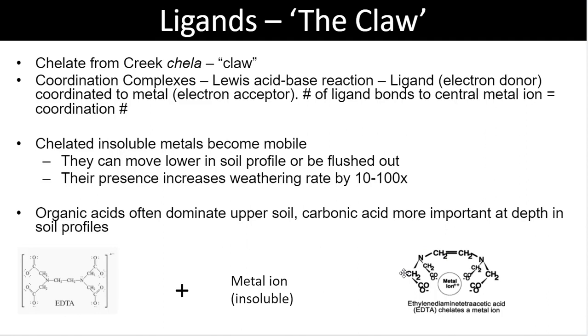One more idea. This was another one that came up earlier this semester when we talked about aquaponics, this idea of ligands or chelates. In solution-based systems and in soil, because soil is a solid solution system, the importance of ligands or chelates, organic molecules like enzymes that can bind up different metal ions and make them more soluble than they would be on their own. Chelates are very important in any type of system where you're adding liquid nutrients.